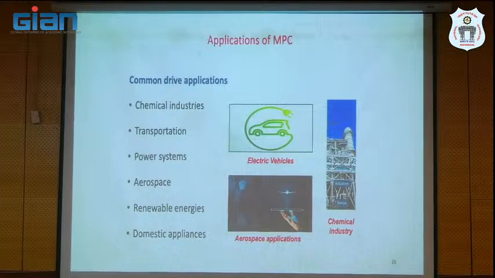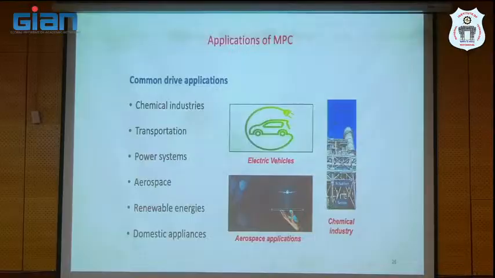By using this model predictive controller, they predict how chemicals will react after 10 instants or 20 instants. They take the horizon of the controller. This is very important in chemical industry applications. Selecting the horizon is very important. How the system is responding after 10 cycles or 20 cycles is so important.